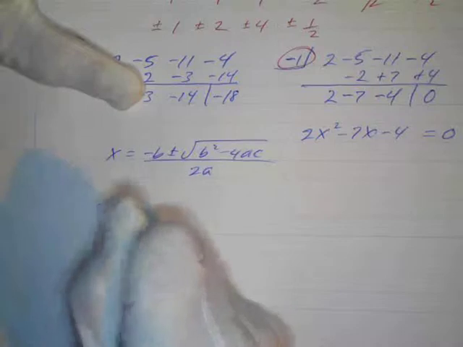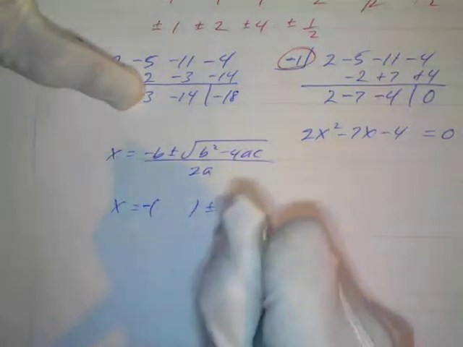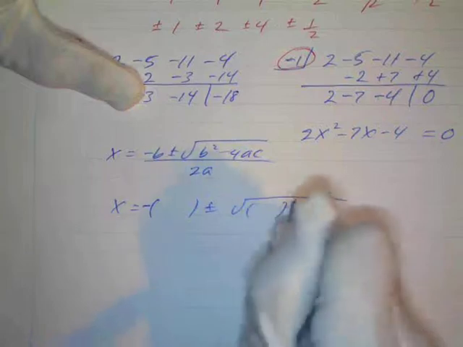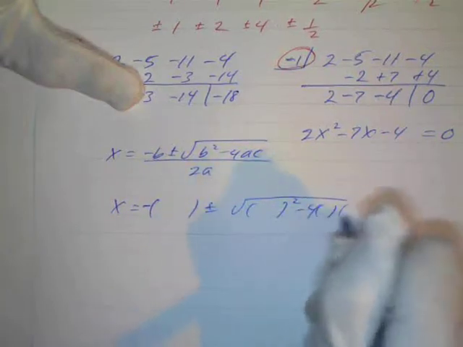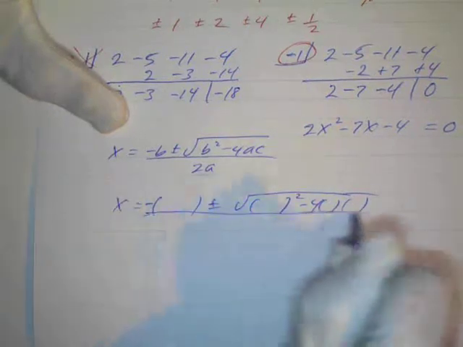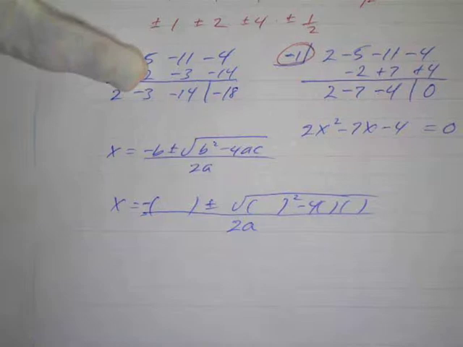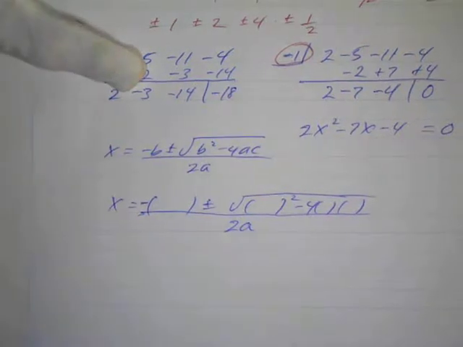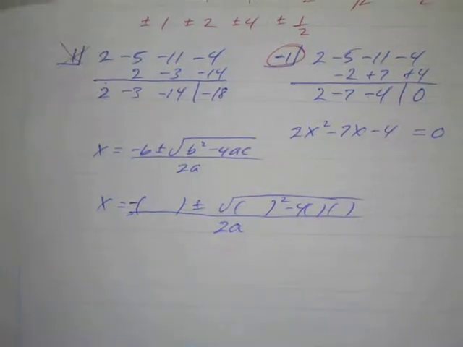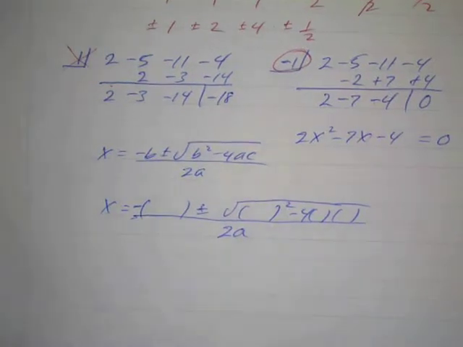We'll substitute in minus b plus or minus the square root of b squared minus 4ac all over 2a, and put our values in.